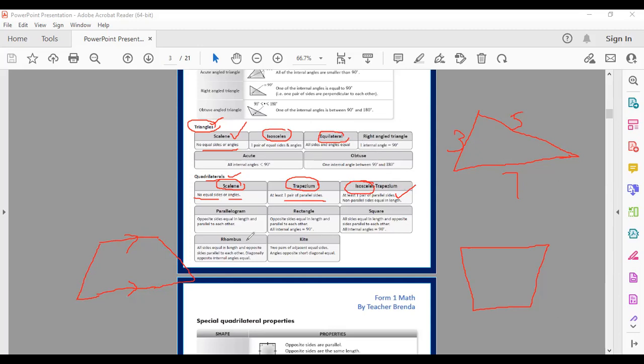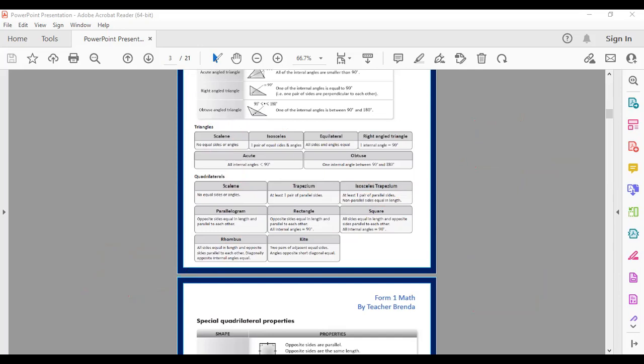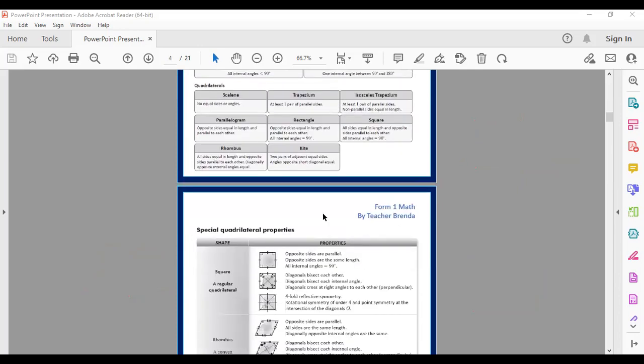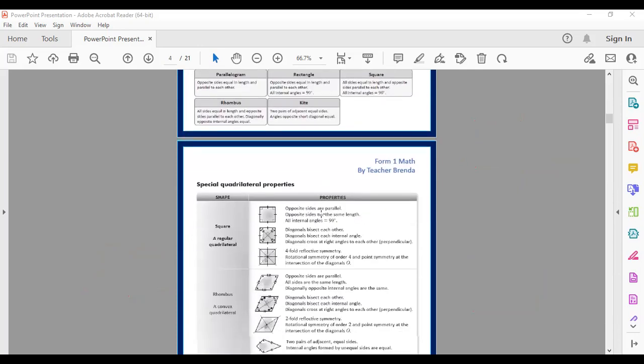If everything is equal, we can also call it a rhombus. We can call it a square if it's a quadrilateral. A right angle triangle, you know what it is, and a square will have right angles. A kite, we explored all these already. So I'm going to move on. Don't want to make it too boring for you. Like it or not, you must read.